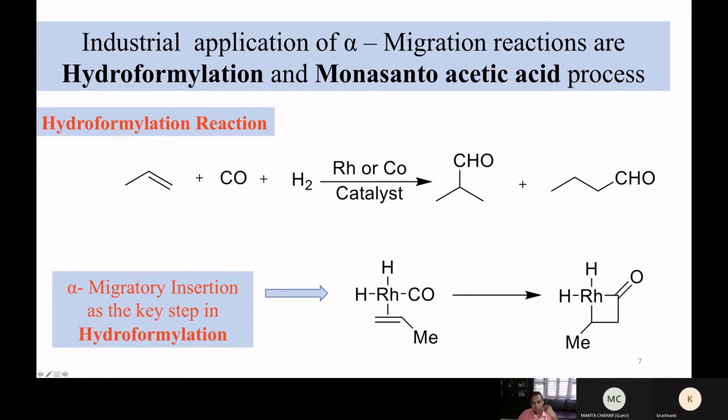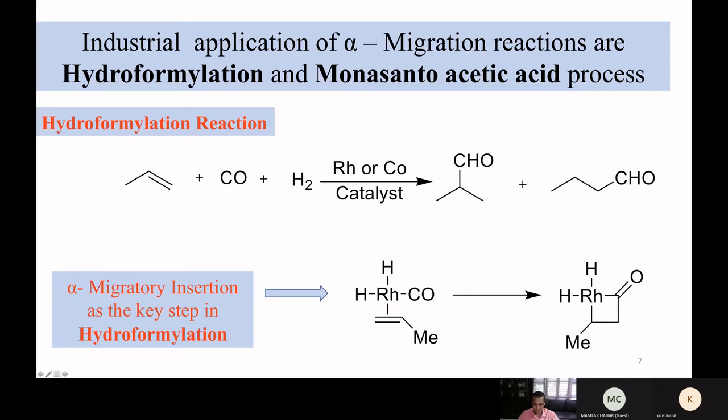Now, can you draw the mechanism of whatever is happening here? What we have discussed so far in the class is good enough to understand the reaction mechanism. Let me go slowly on that. You start with a rhodium complex where oxidative addition into the hydrogen gas is going on. We'll come back to hydroformylation later as well.